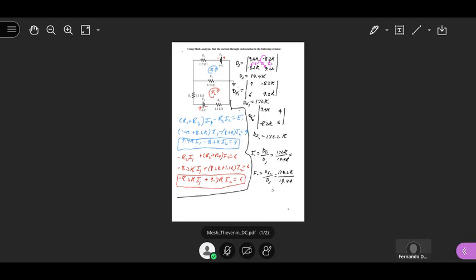Right, let's put this in red. Plus R3, right? That's going to be here plus 9.1. So this number here will be 18.4, right? 18.4.